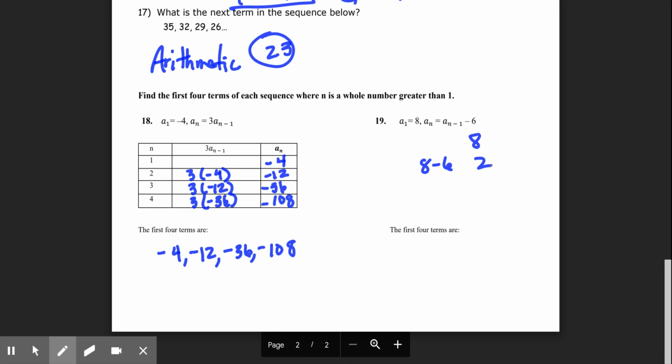And then 2 minus 6 will give us negative 4. And then negative 4 minus 6 will give us negative 10. So the first 4 terms are 8, 2, negative 4, and negative 10.